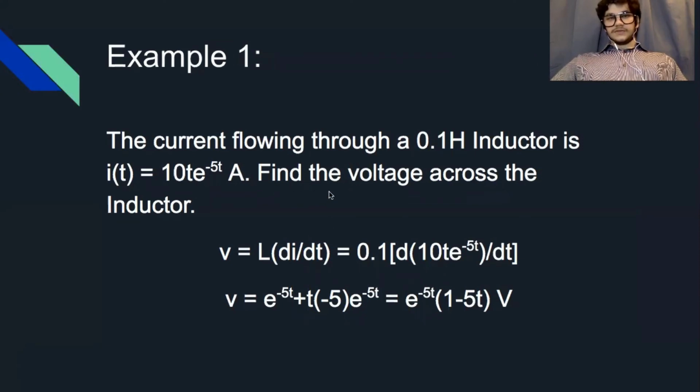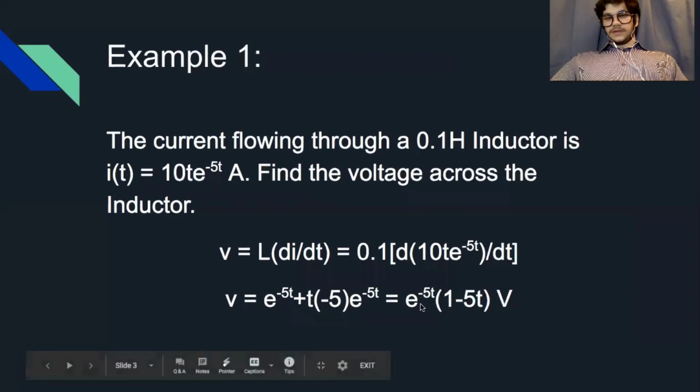We are tasked to find the voltage across this inductor. Through the use of our first formula, we can apply both of these variables and find the solution, which is the voltage equaling e to the power of negative 5t multiplied by 1 minus 5t volts.